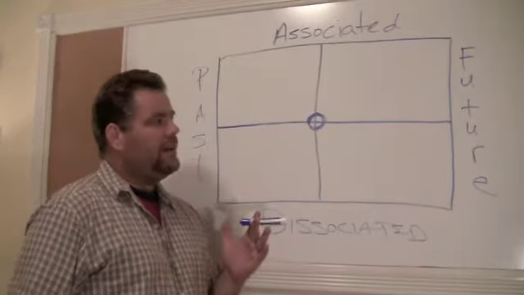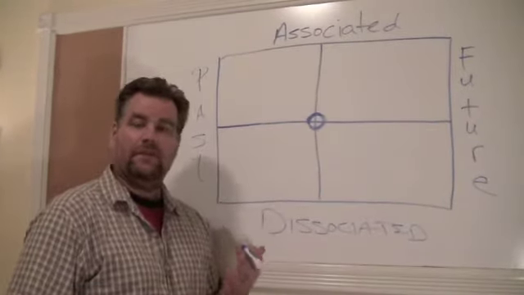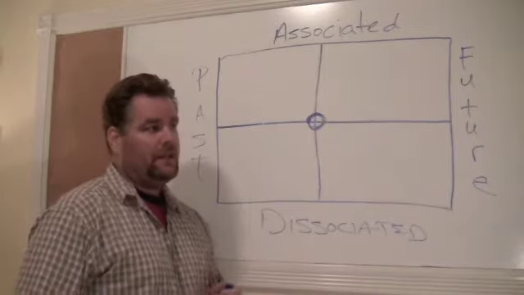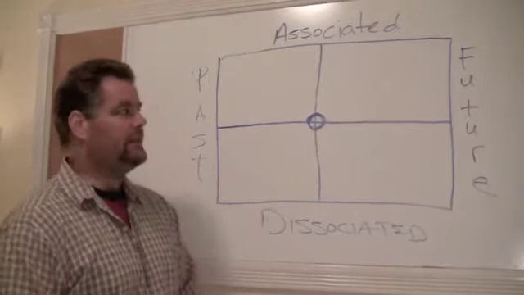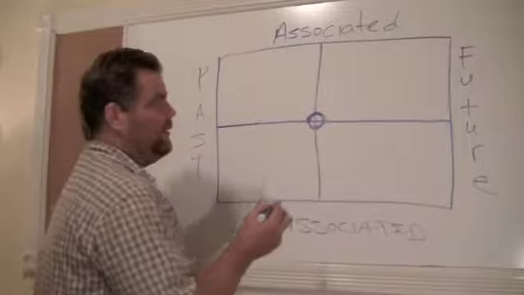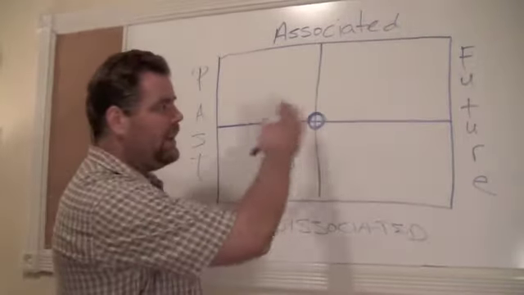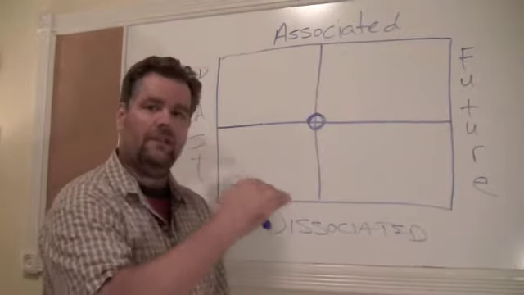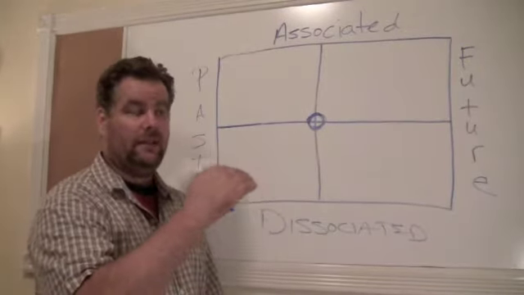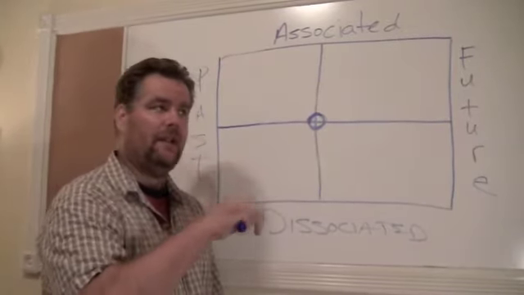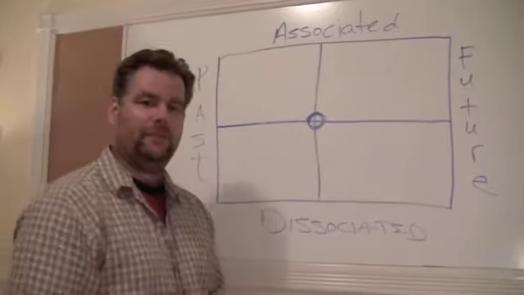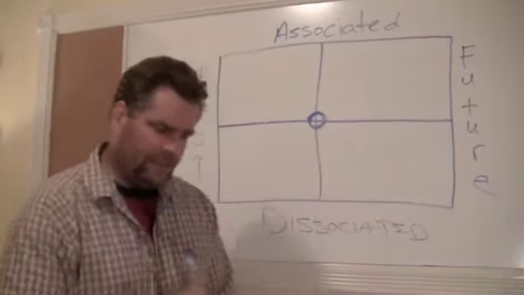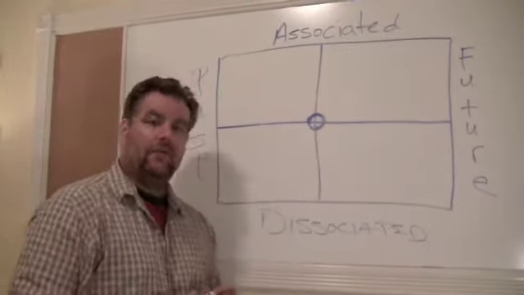So let's say that we're stuck. We have a stuck state, and we've got something that's really bothering us. Well, if we can take a moment and just locate where we are on the quad map, we've made a huge increase in our awareness, and it opens up all kinds of options. So let's say that I'm stuck because I have regret.